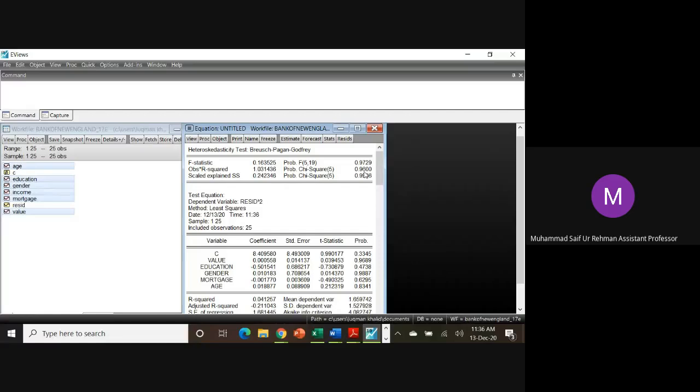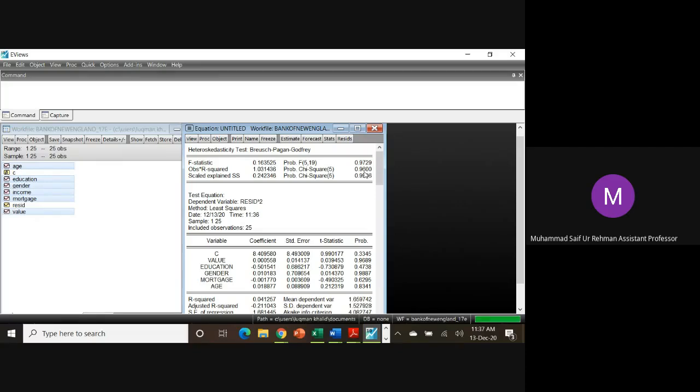So in this case, basically, we are taking the null hypothesis that there is no heteroscedasticity in the model. You know that if the probability value is less than the level of significance, then we reject H naught. So if the level of significance in this case was 5%, 0.96 is greater than the level of significance.